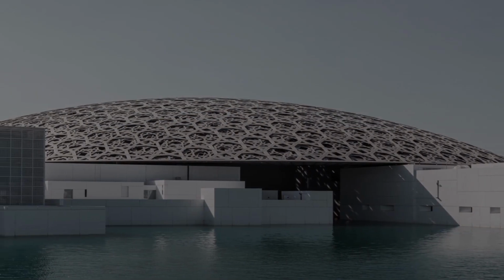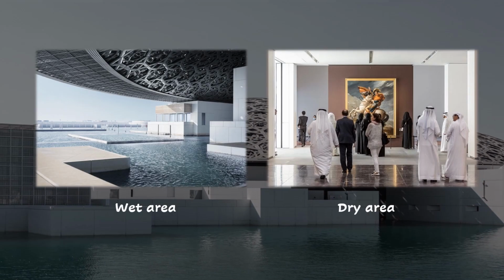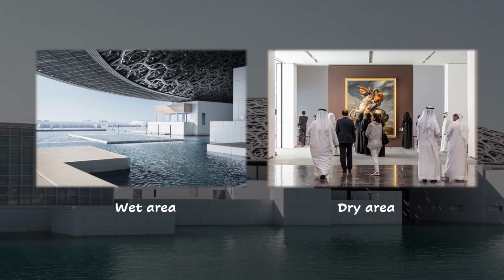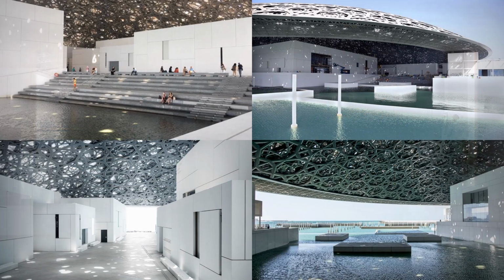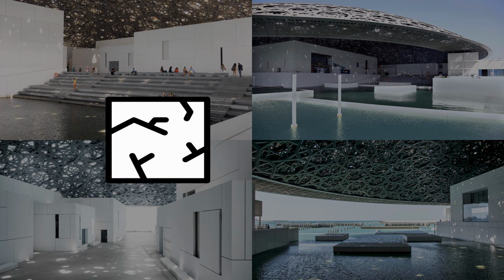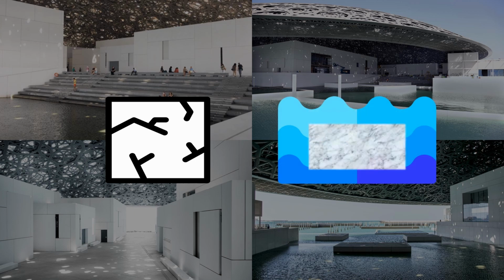The biggest challenge for installing this marble is that the museum is divided into wet areas and dry areas. The marble slabs had to be installed on a variety of complex substrates. Some areas are prone to major deformation, while others require installing marble on water-soaked surfaces.